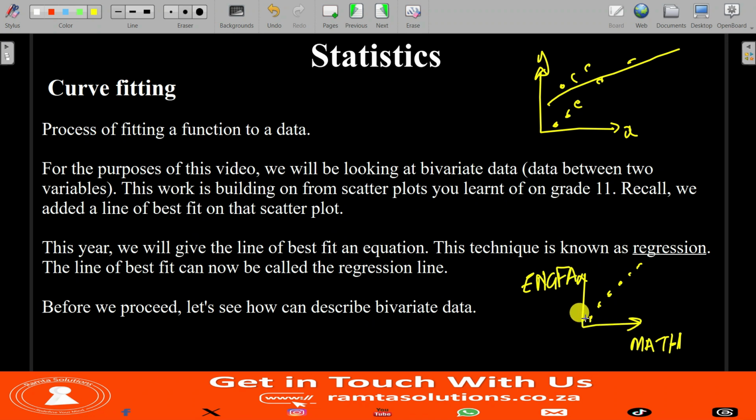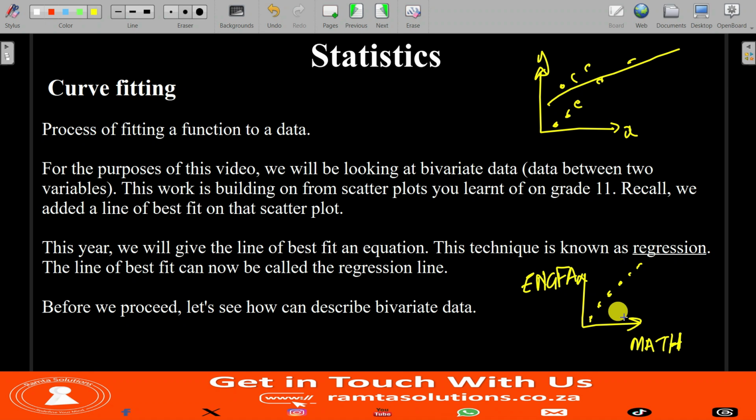When a student does badly in English first additional language, they are doing badly in mathematics. So there is a strong direct relationship, a strong positive relationship between English and mathematics, right? This you can say, but hold on. We're going to say this shortly. We're going to pack it nicely for you.